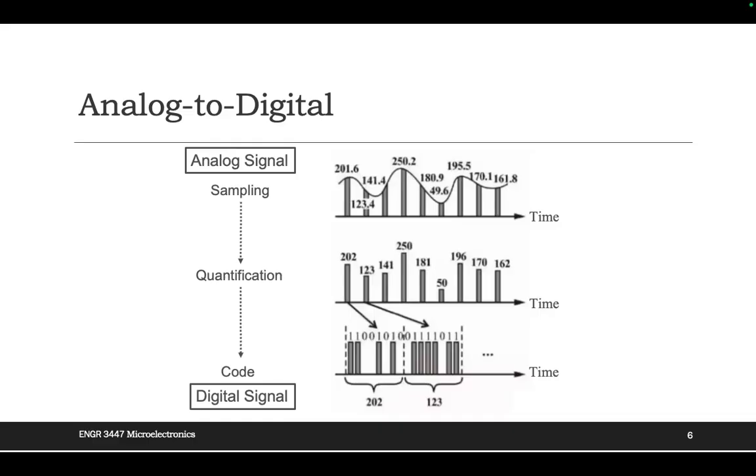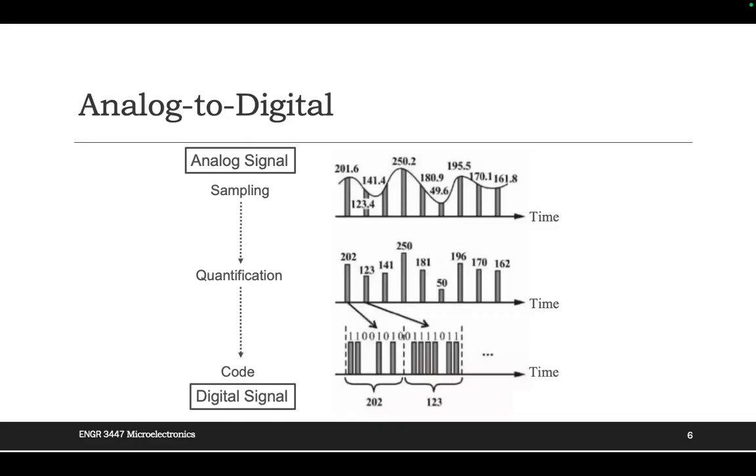But if the interval is too big, the signal you get is totally not the original one. So when you sample, you need to choose the proper frequency to get your value.